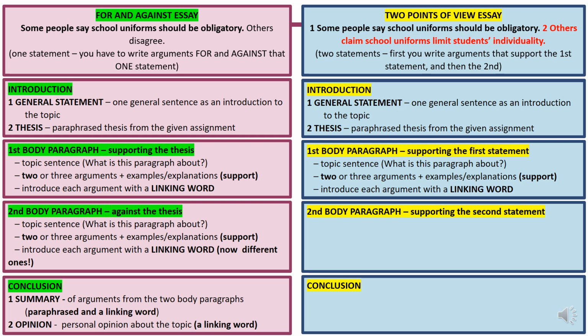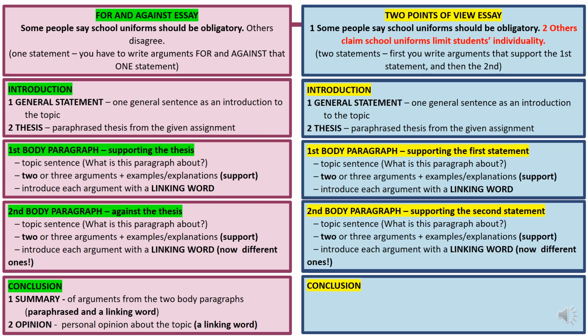So the topic sentence once again answers the question, what is this paragraph about? Your first argument starts with a linking word. When you state your argument, please give examples or explanations, and then start with the linking word of the second argument, and give support for the second argument.